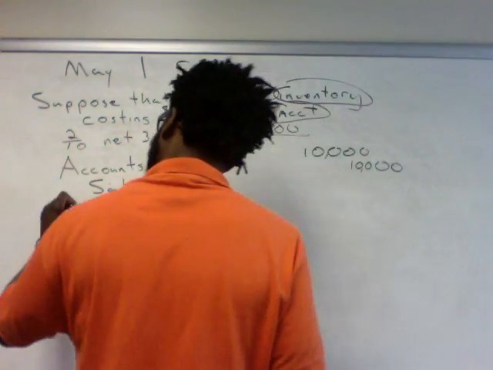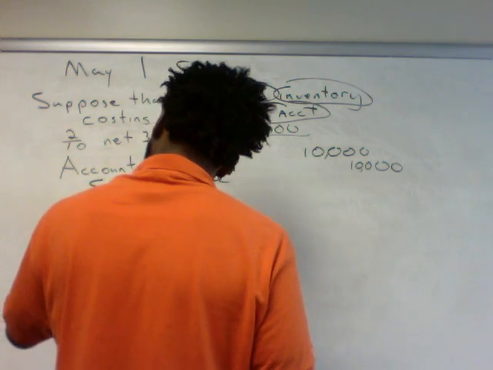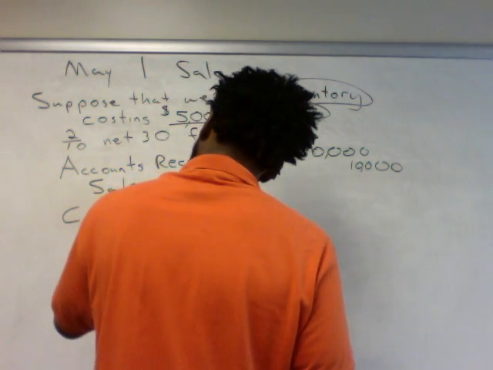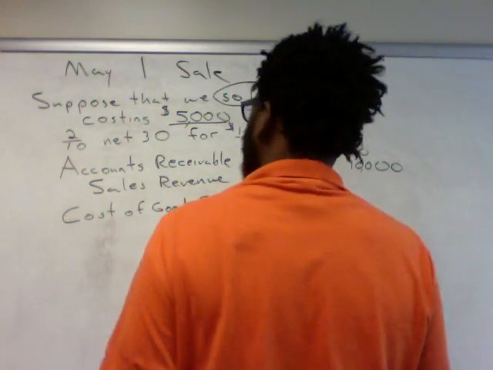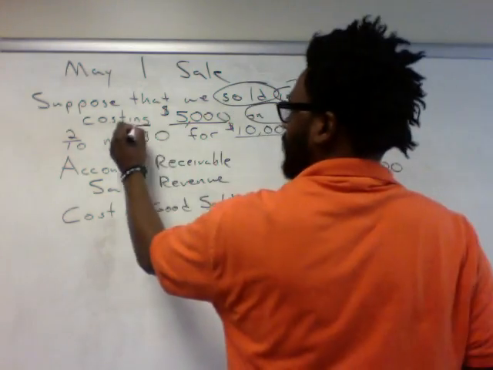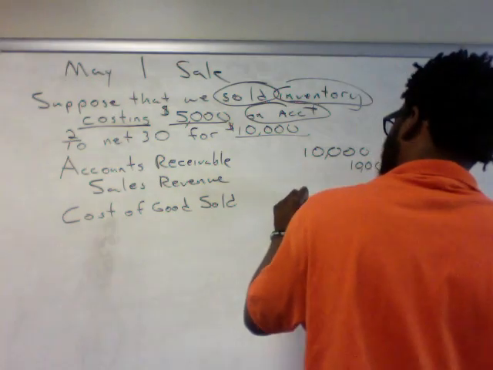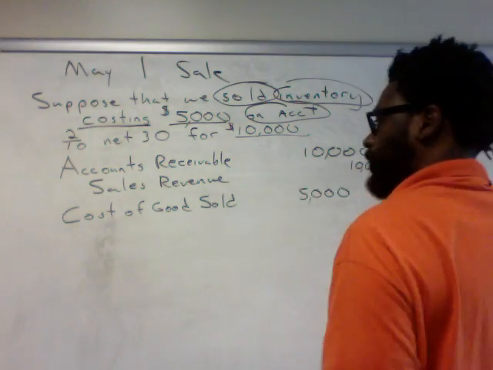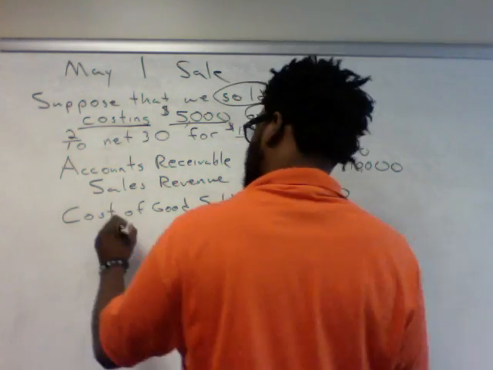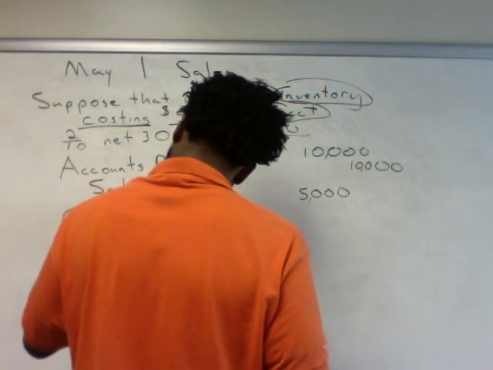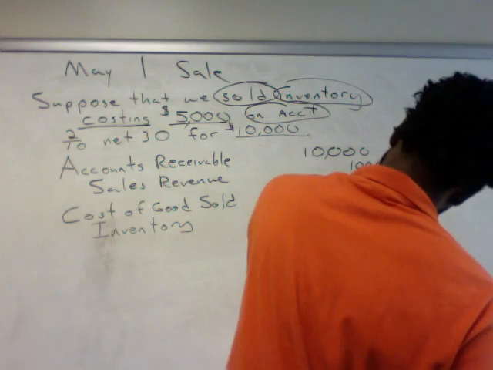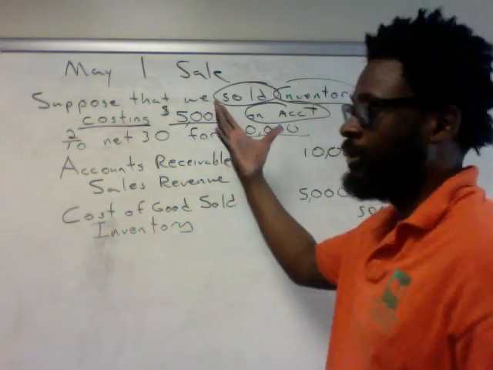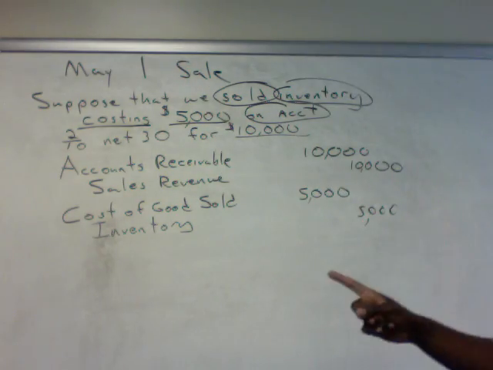So obviously we're going to debit cost of goods sold. Think of the keywords in that description: cost of the goods sold. What's the cost? $5,000. And we're going to credit what? Inventory, taking inventory off the books for $5,000. And so anytime you have a sale, your transaction should go like this.